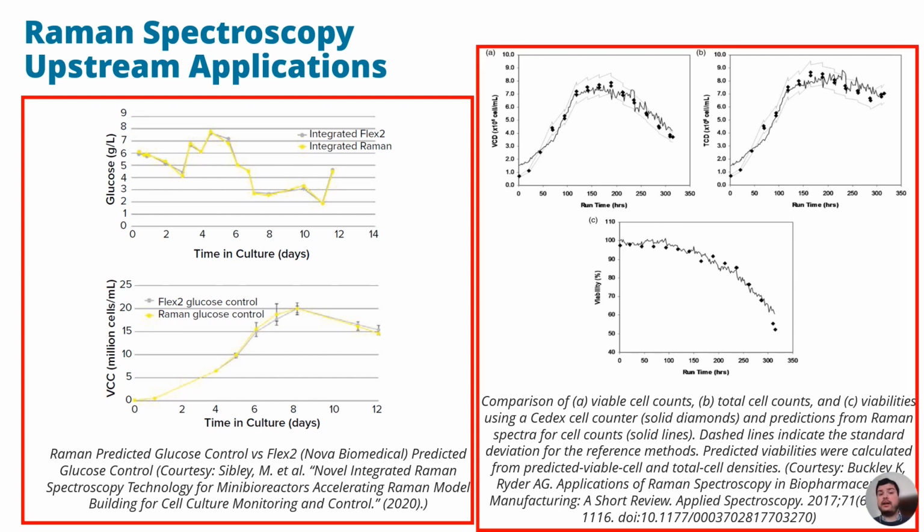In another study on the right, predictions of total and viable cell densities and the viability from Raman spectra track the CDEX cell counter measurements done offline. Other studies show good correlation with HPLC, UV-Vis spectroscopy analyzers, and various chemistry analyzers. The detailed chemical information obtained by Raman spectrum, thanks to its sharper bands, enables further ability of transferring models from small-scale R&D settings to large-scale manufacturing settings.